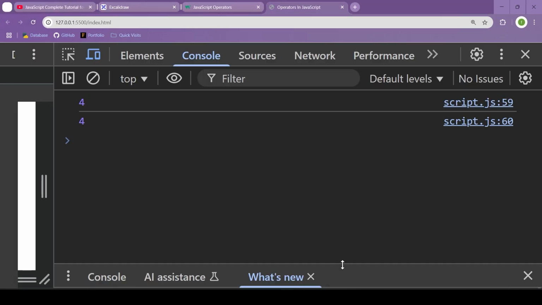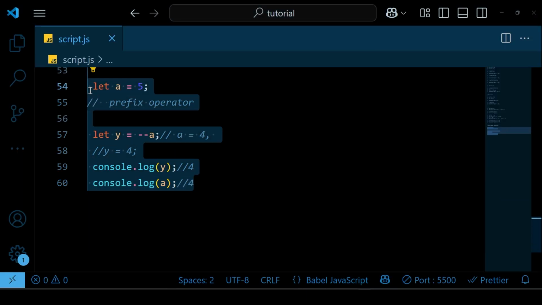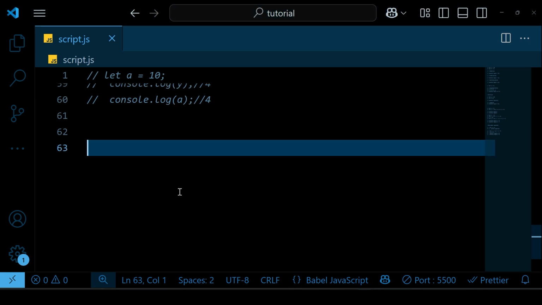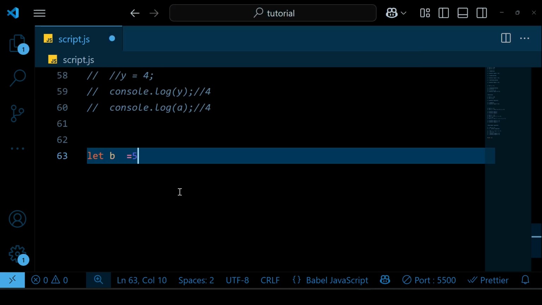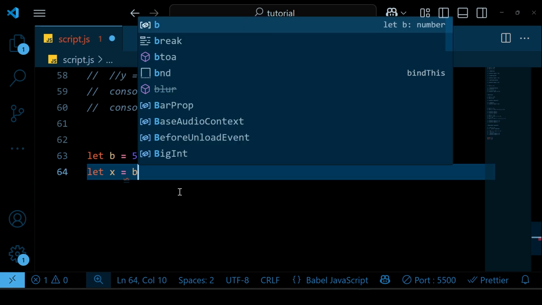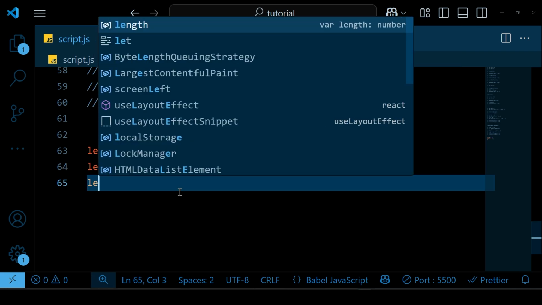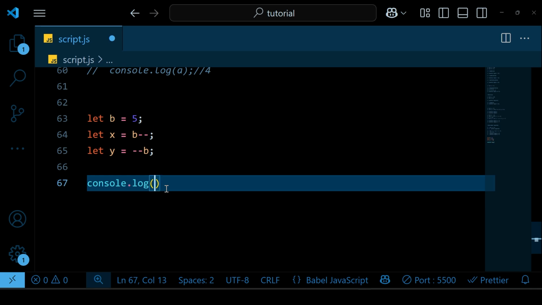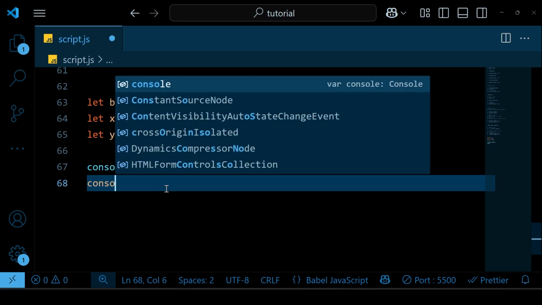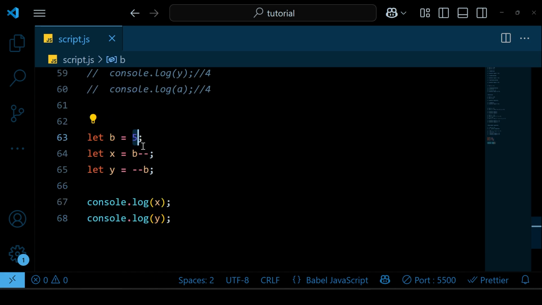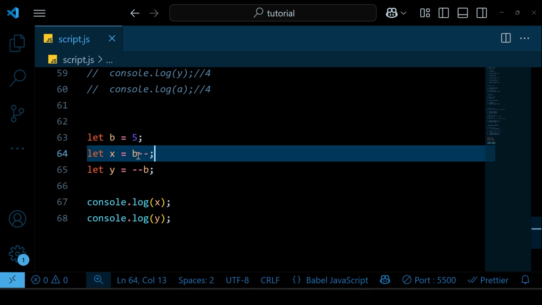See, no issues, right? So let's again have a slightly complex example. Let's say b is equal to 5, and we have x equal to b minus minus, then y equal to minus minus b. Let's have both the x and y values. Again, the value of b is simply 5. Here we have the postfix, b minus minus.